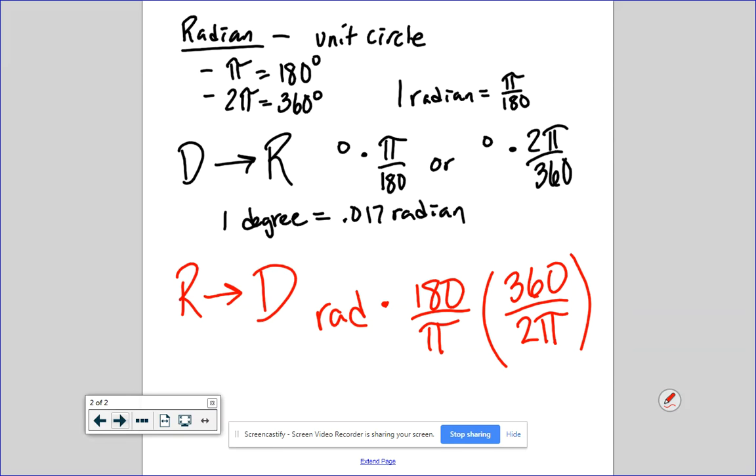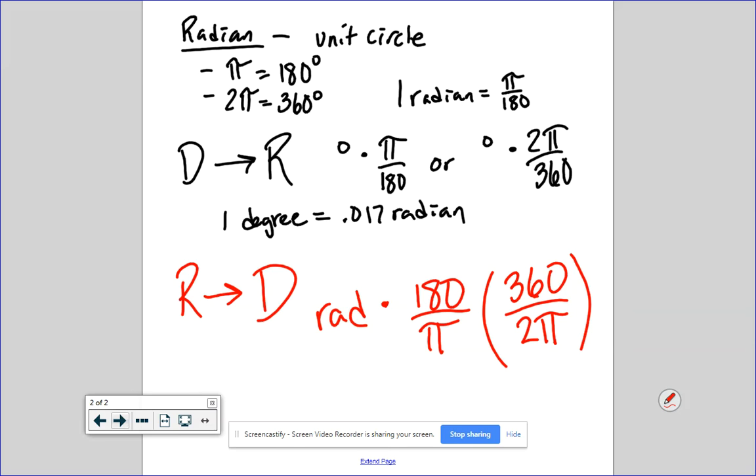It does not matter, because they're the exact same number.